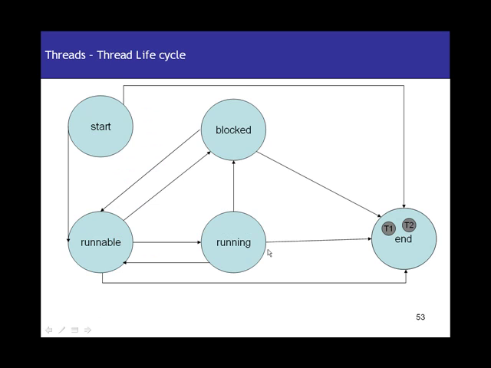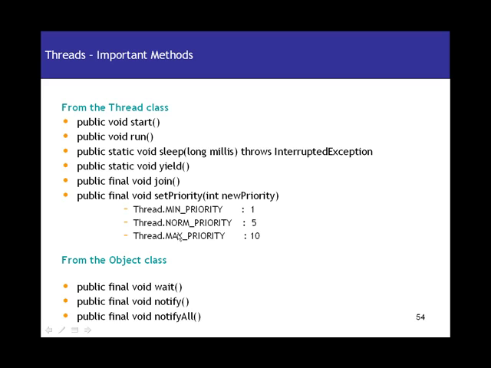Let's say there are three threads in the runnable state, one with priority 1, the other with priority 5, and the third with priority 10. The thread which has the highest priority will be moved into the running state and executed. So based on the priority of the thread, your thread will go into the running state.